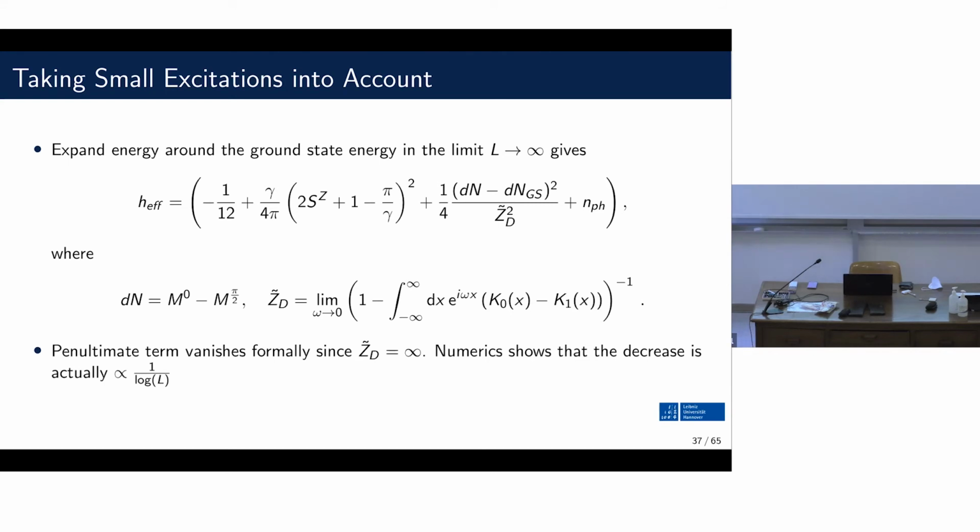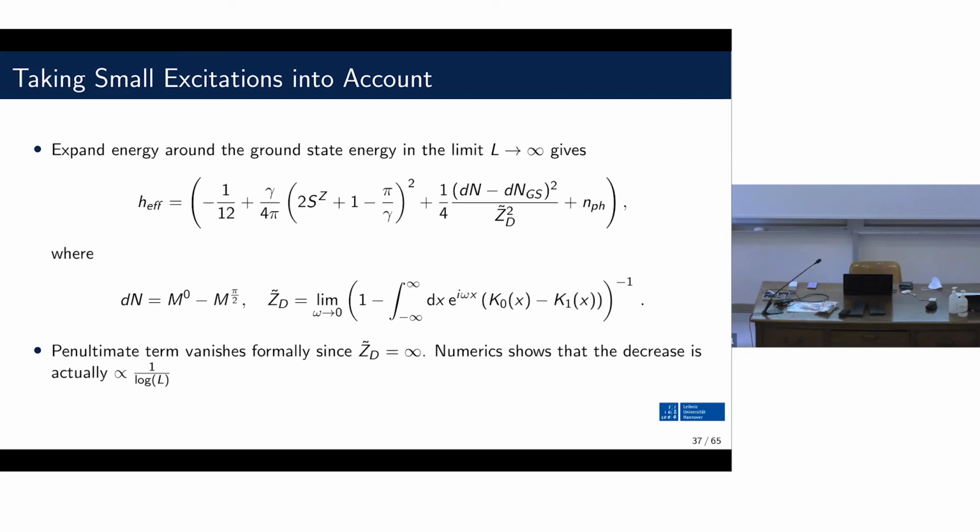This goes to infinity, and hence this term vanishes in the thermodynamic limit. This is very interesting, since when one looks at the numerics, one finds that this, without the square, vanishes as 1 over log L. So you have logarithmic corrections, decreasing logarithmic corrections.